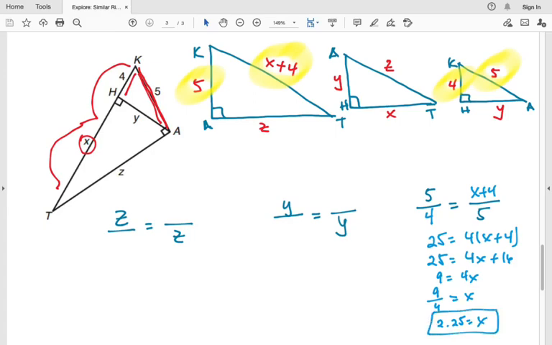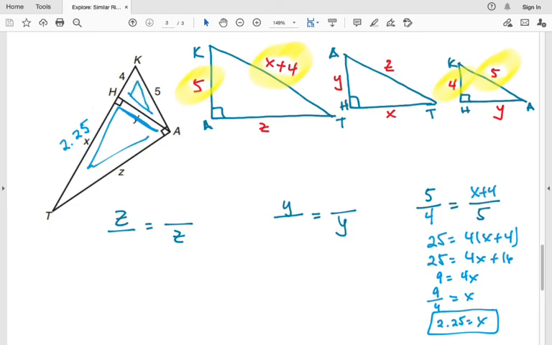Okay, now we know what the value of x is. This is 2.25. That should help me a little bit. All right, now I can use the y. So the y, this right here, gets cross multiplied with itself. It goes with this triangle and it goes with this triangle.